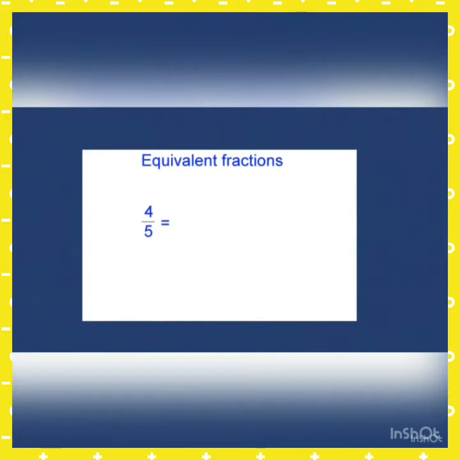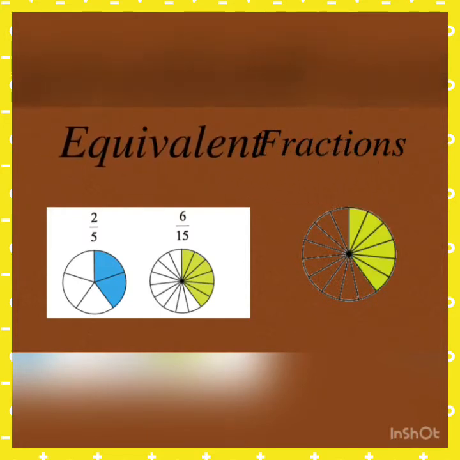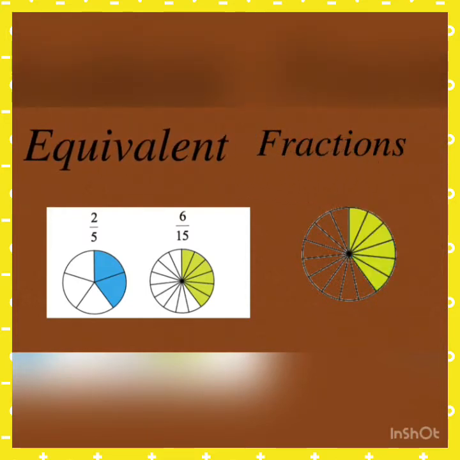Similarly, you can take any other example. If you multiply 4/5 by 4/4, you will get 16/20. Here 4/5 and 16/20 are equivalent fractions. You can see in this diagram that 2/5 is equivalent to 6/15 because both cover an equal part of this circle.